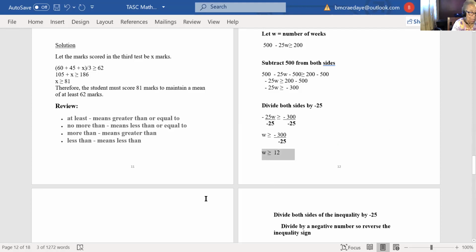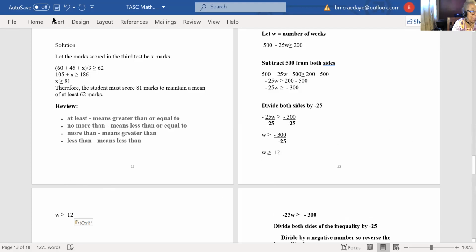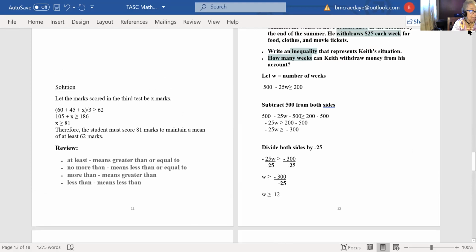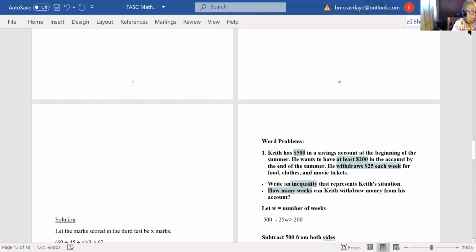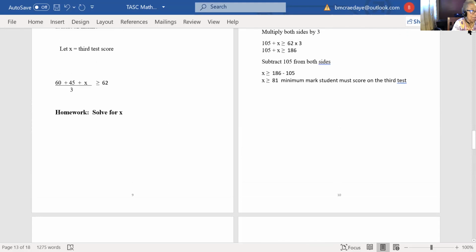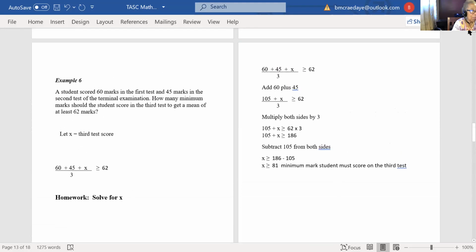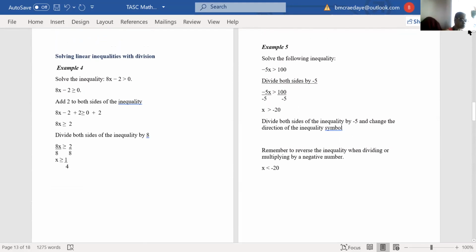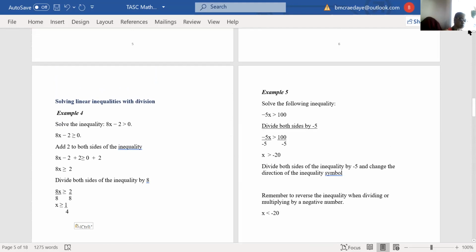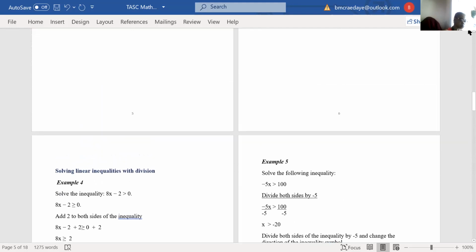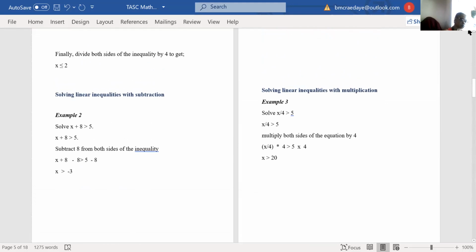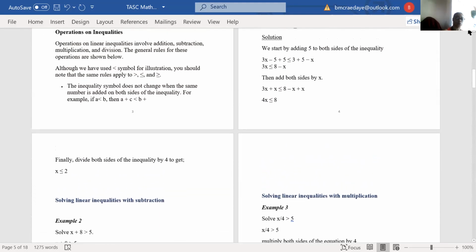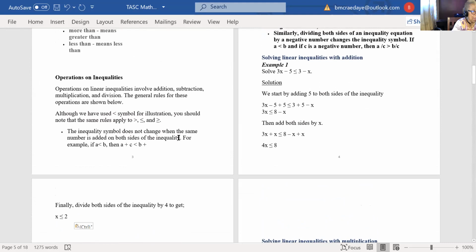So this would then be a less than or equal. Let me find a less than or equal sign that I can copy. Okay, less than or equal.